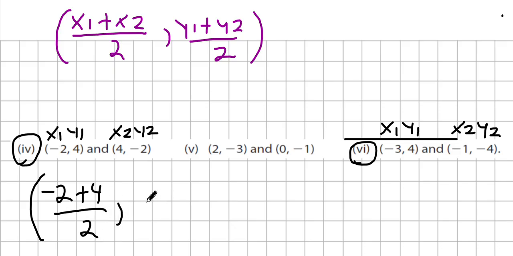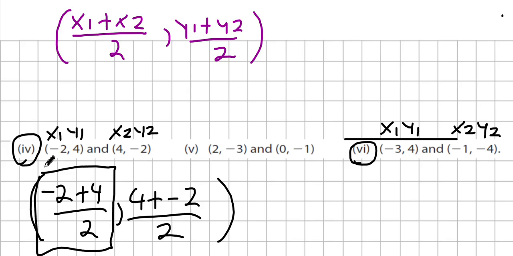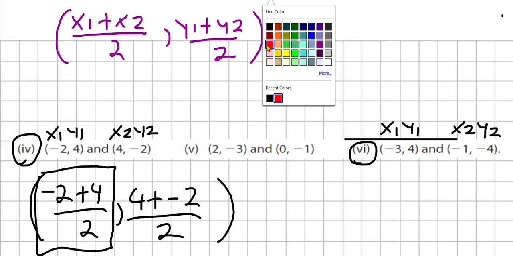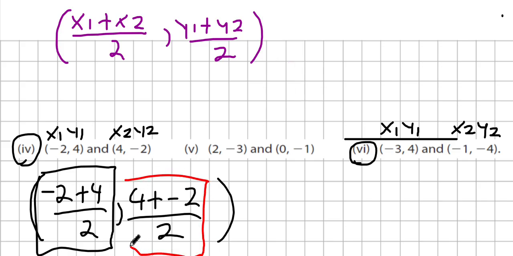And the other one is going to be 4 plus minus 2 divided by 2. You can put what's in the black box into your calculator, and what's in the red box as well. And what do you get as your answer? 1 and 1. So the midpoint is the point 1, 1.